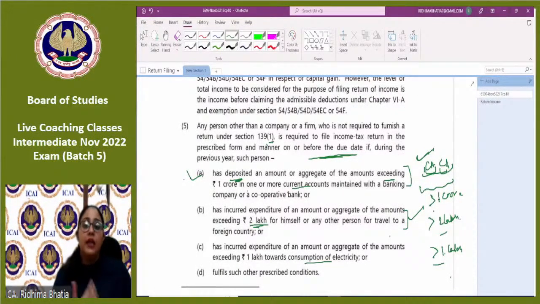Then any other person who during the year gets deposit of more than 1 crore in his current accounts in aggregate, or spends more than 2 lakhs on foreign travel for himself or any other person, or electricity consumption of more than 1 lakh. So they are required to file the return of income. Any doubt up till now? These are the compulsory provisions.